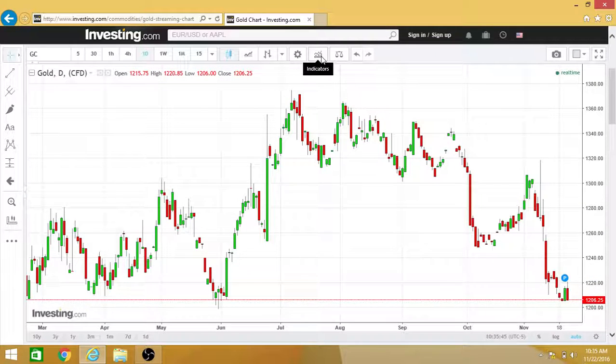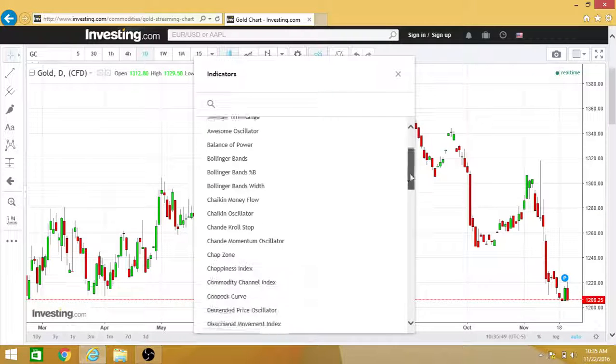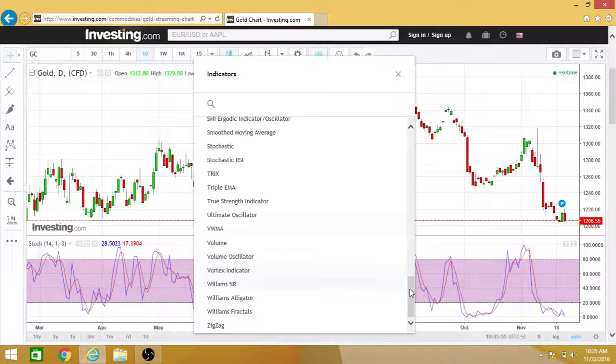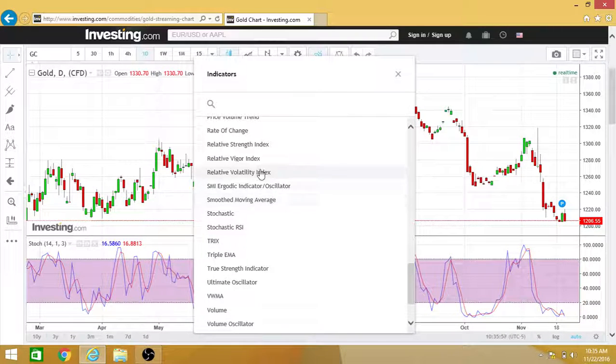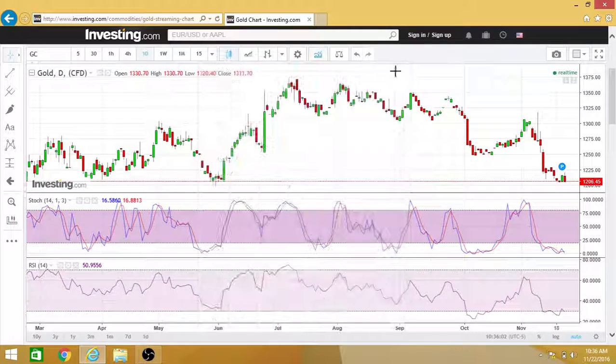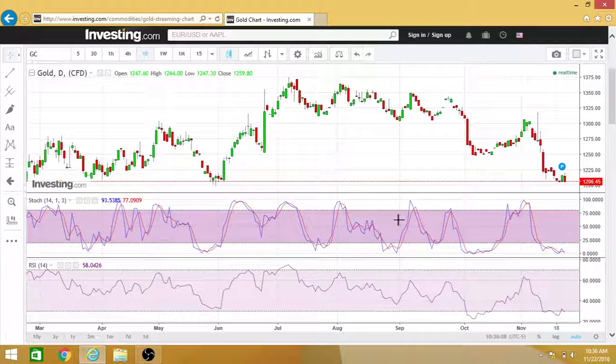You're going to go over to indicators, go down, click stoch, and click RSI. Exit out. Always make sure that it's not on line. Candlestick. Candlesticks are much better for this stuff.